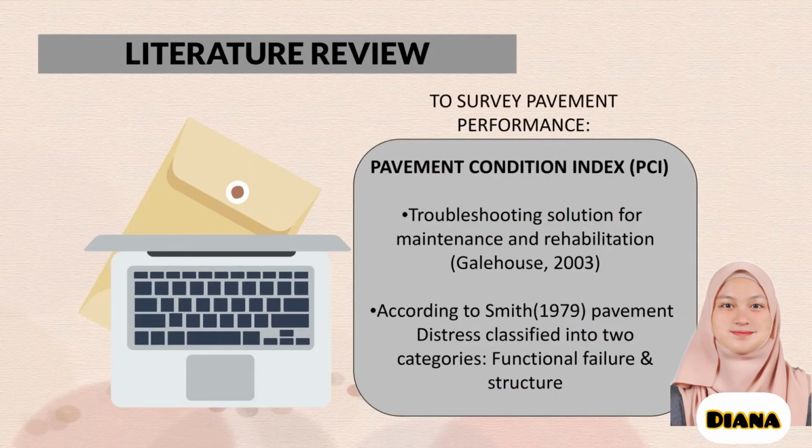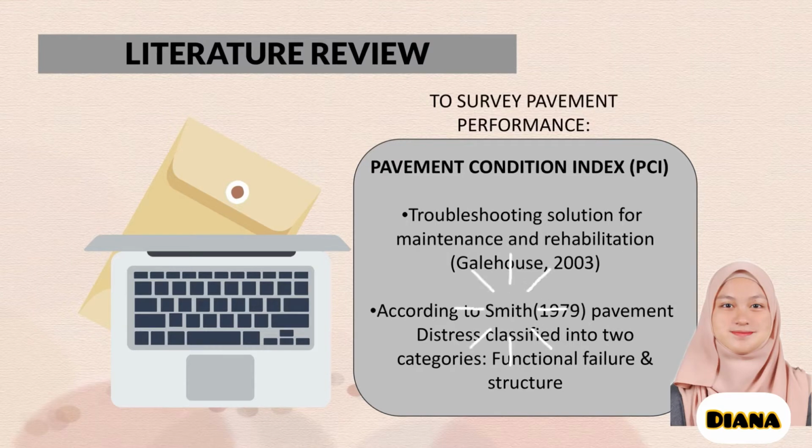Next is the literature review. A lot of studies are related to pavement performance surveys using condition as the indicator. The Pavement Condition Index was developed by the US Army Corps of Engineers in 1980. Some benefits of PCI include the troubleshooting solution for maintenance and rehabilitation.